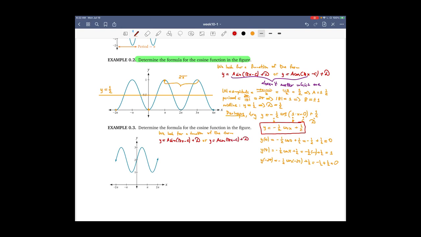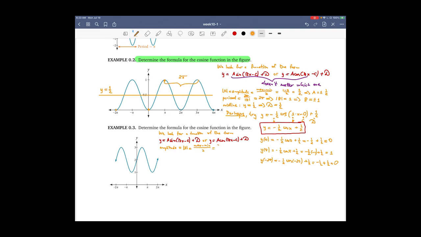Although again, it seems here that our choice will be in favor of sine. But first we find the amplitude, which is on the one hand the absolute value of a, on the other hand it's half the difference between maximum and minimum value.